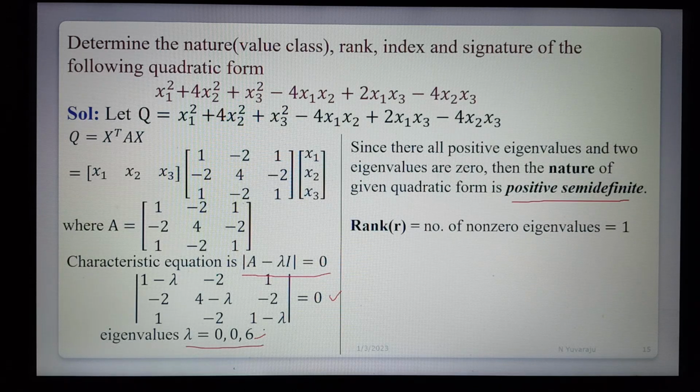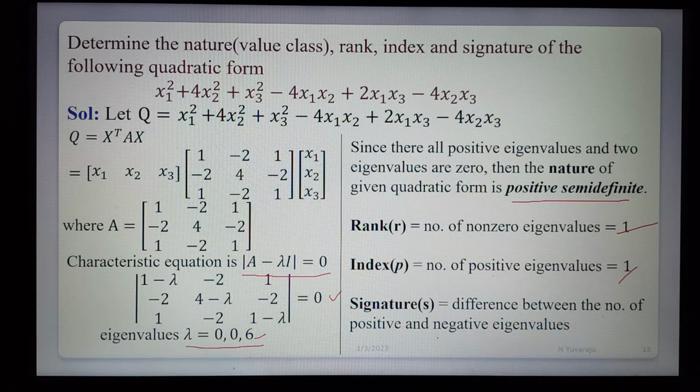Next, index. Index is the number of non-zero positive eigenvalues. The number of non-zero positive eigenvalues is only 1, so index is 1. Okay, next signature, the difference between positive and negative eigenvalues. So positive eigenvalues 1, negative 0, and 1 minus 0 is equal to 1. This is the signature.